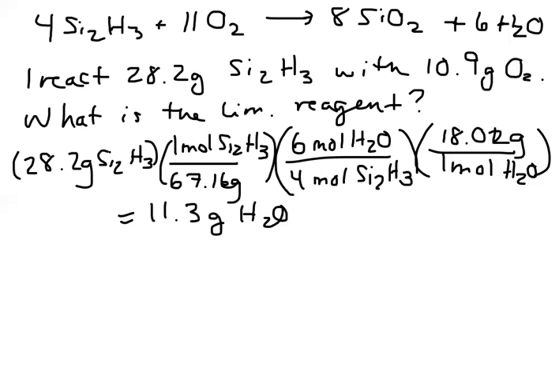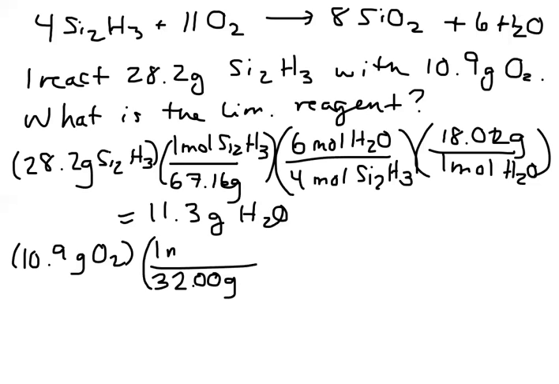So now I have to go to 10.9 grams of O2, 32.00 grams per 1 mole of O2. So remember that O2, even though it's elemental, there are 2 oxygens, which means the mass is 2 times 16. So our mass is going to be 32 grams per 1 mole of O2.